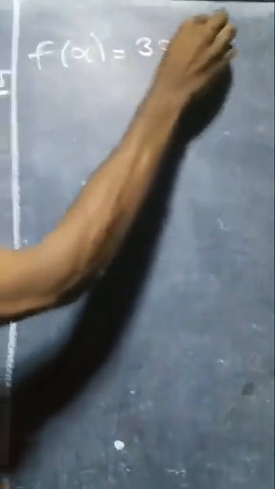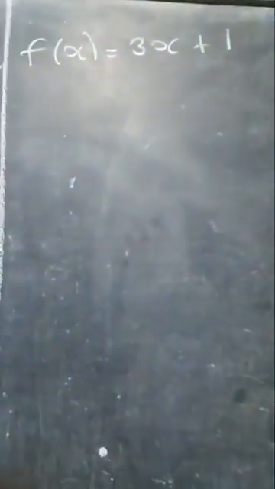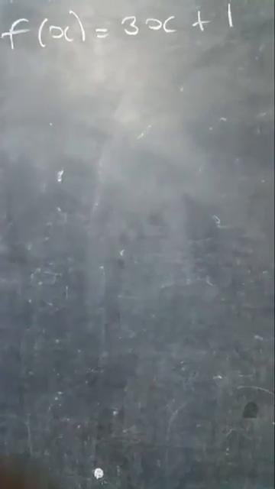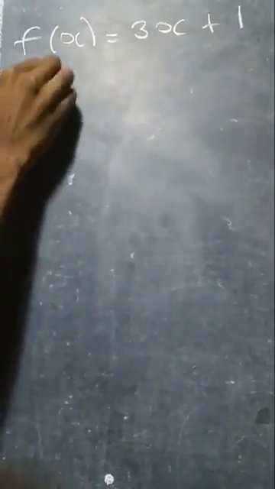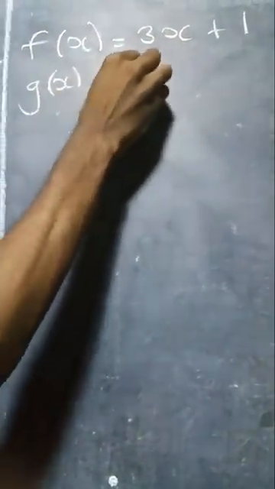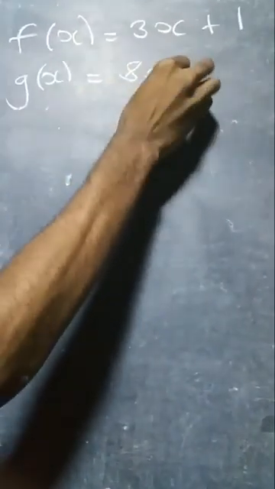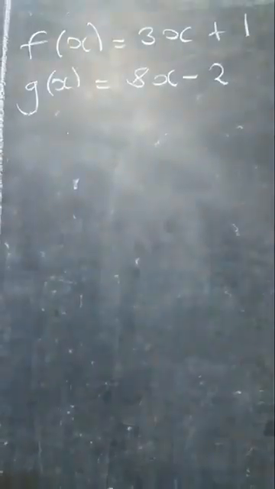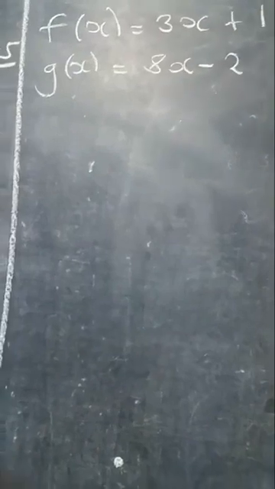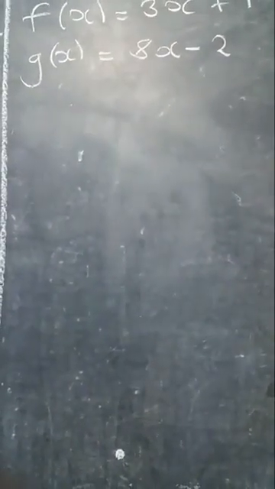If we have, for example, f of x is equal to 3x plus 1, and g of x is equal to 8x minus 2, we have two functions, the first one and the second one.